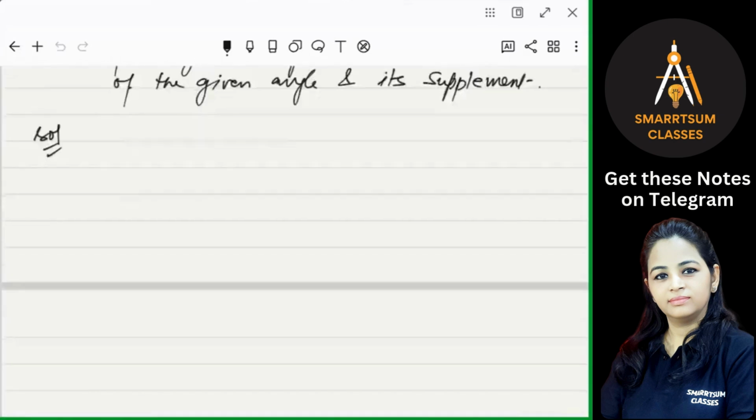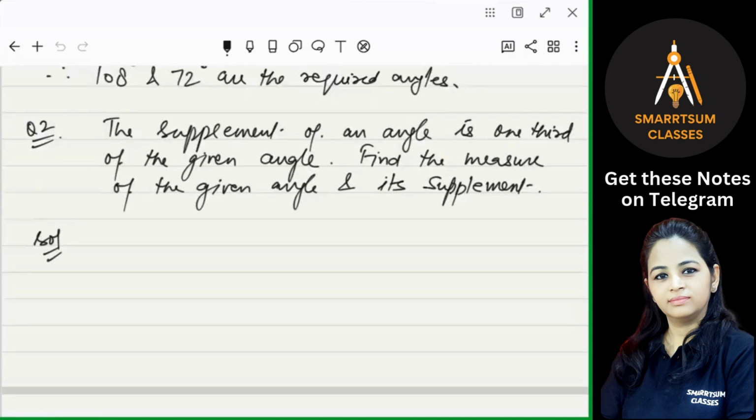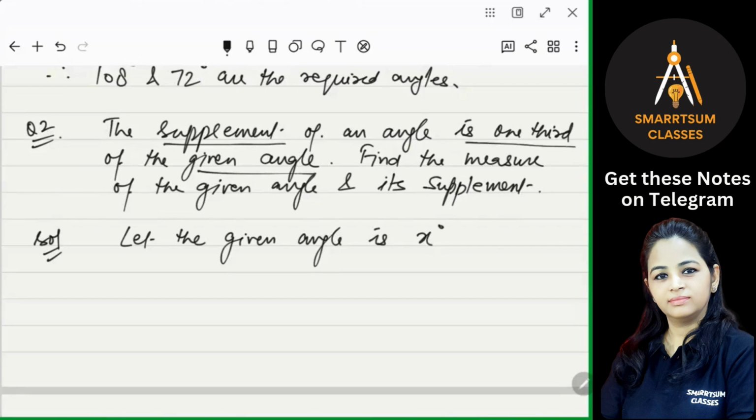So what we can do here? We will first assume the given angle is x degrees. Right? So this is the given angle. Now what is given here? What is its supplement? Its supplement is 1/3 of it. Right?